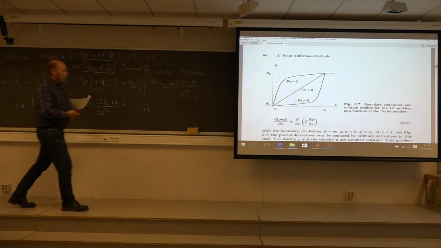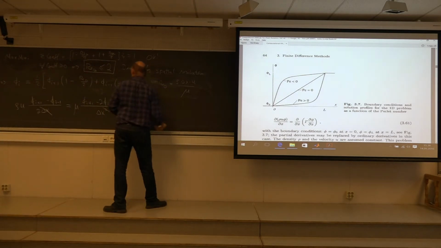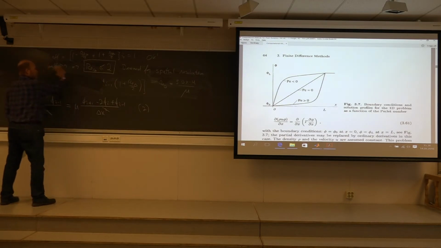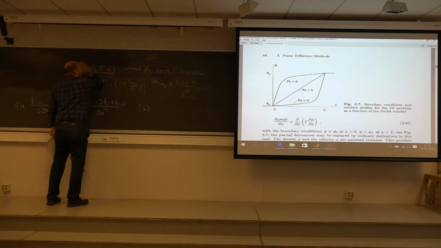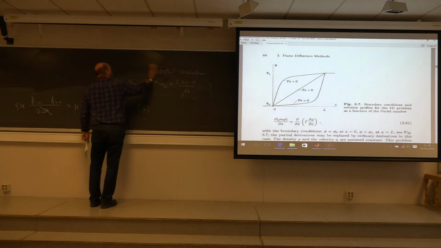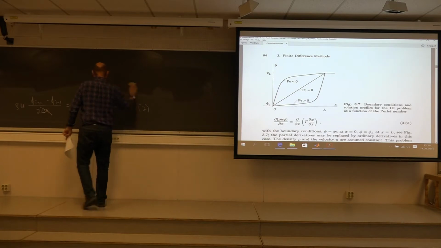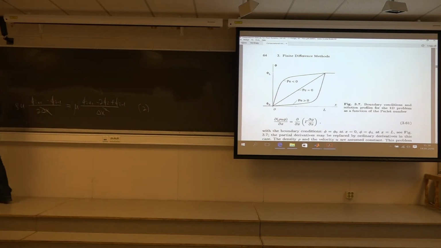What was the other way we could do? The other way is the first order upwind scheme, which you are not allowed to use, but let's do it anyway. Let's see what happens. UDS.